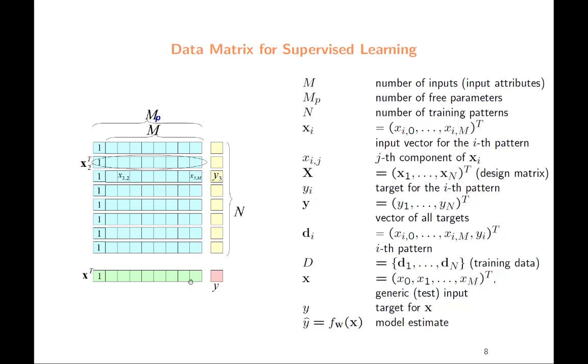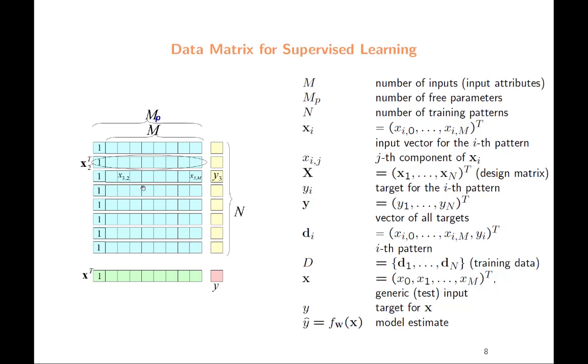And the goal is to make a good prediction for a new test data point, one which was not in the training data. So for example, this is x transpose over here, and we are interested in predicting this reddish box here. So what is the new y for a new input?